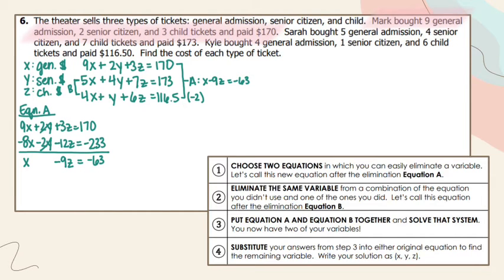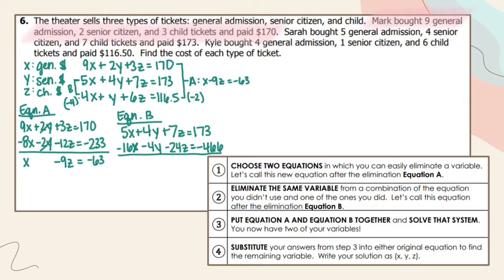So let's go here and do our work for equation B. The middle equation is our first one: 5x plus 4y plus 7z equals 173. Then we multiply the bottom equation by -4, so we get -16x minus 4y minus 24z equals -466.